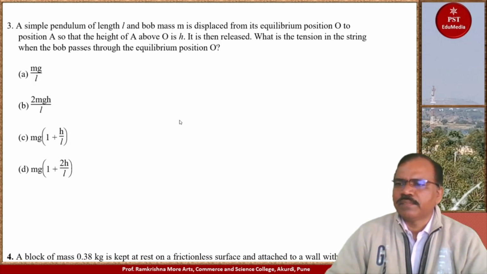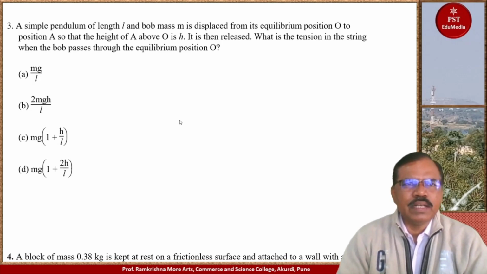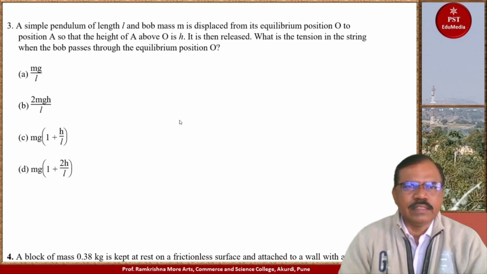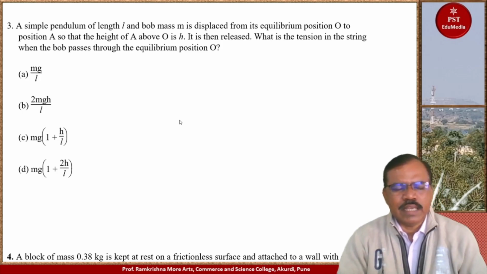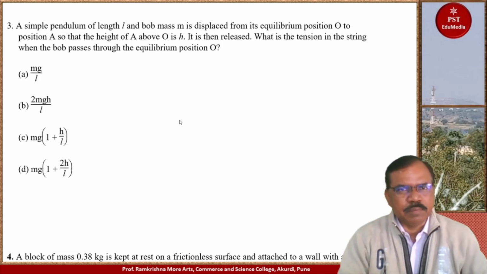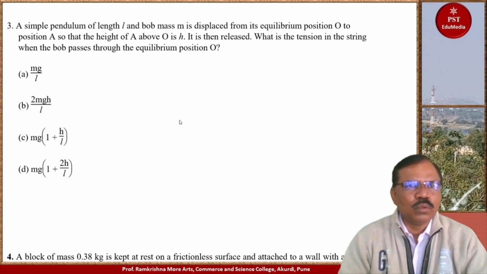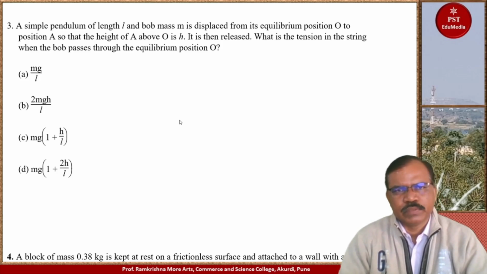Now what is given? A simple pendulum of length L and bob mass M is displaced from its equilibrium position O to position A so that the height of A above O is h. It is then released.